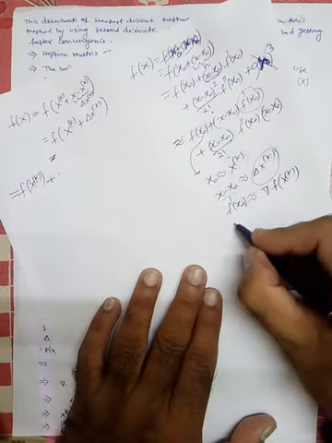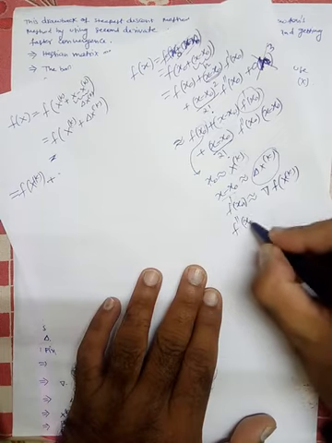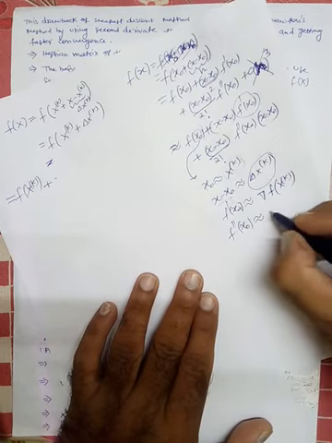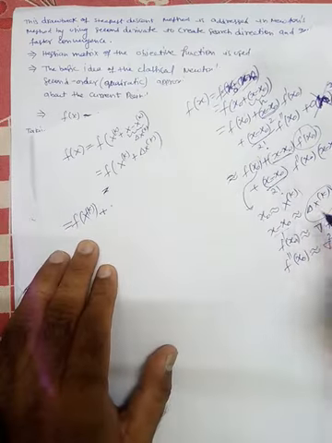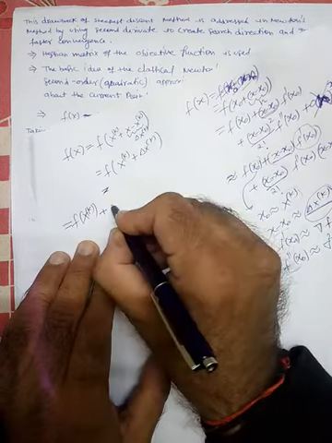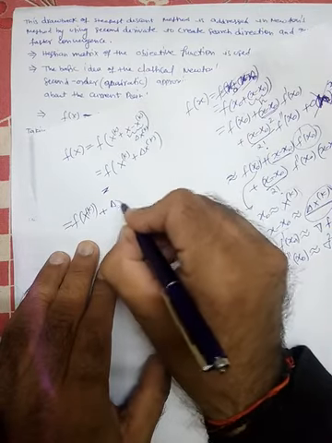Similarly, the second derivative at x naught is replaced by del 2 f at xk, and x minus x naught means delta xk.